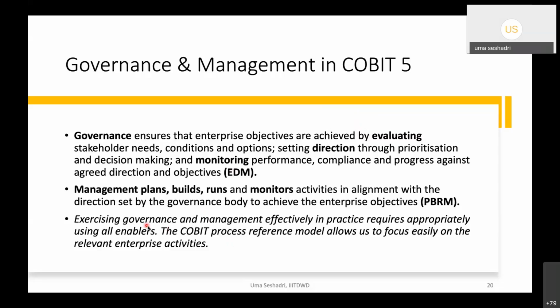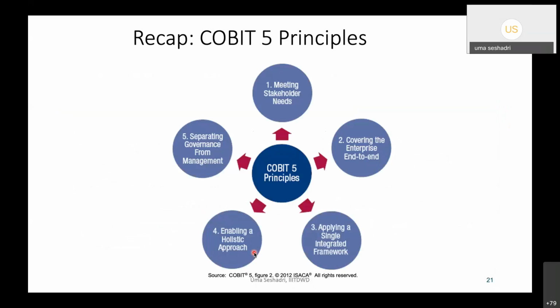So to exercise both governance and management effectively in practice, it requires appropriately using all enablers. Once you read this COBIT document, you will come to know the different types of enablers which are defined. And for successful implementation, exercising both governance and management practices is very important. So these are the principles we talked about.